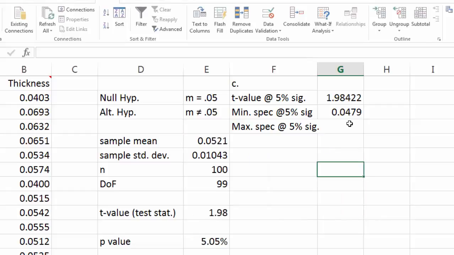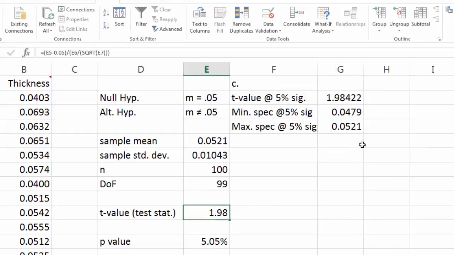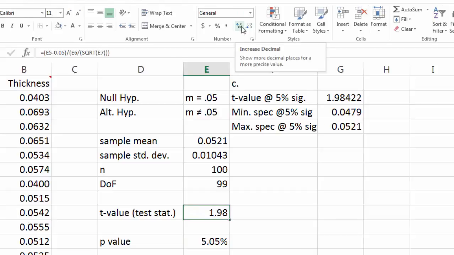And I get 0.0521. Actually, I left my absolute value on there, so I was doing the negative one first, the left side one first, and then when I took my absolute value off, now I'm doing my right one. And notice my p-value is 5.05. That's probably just a rounding error. Yeah, because I set my t-value to 1.98.